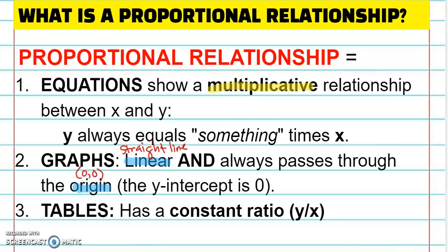That is called the y-intercept. We'll get more into that as we go through the unit, but where a graph crosses the y-axis is called the y-intercept. So that's your brief introduction to that new vocabulary.